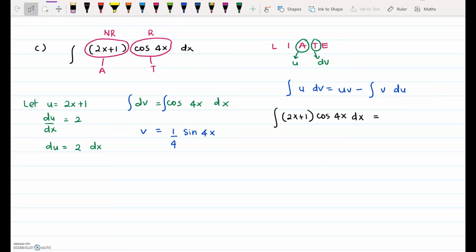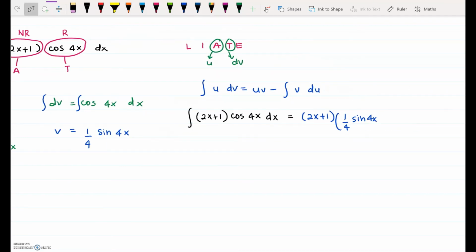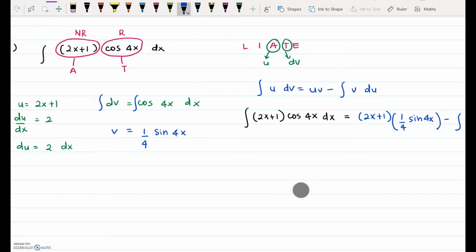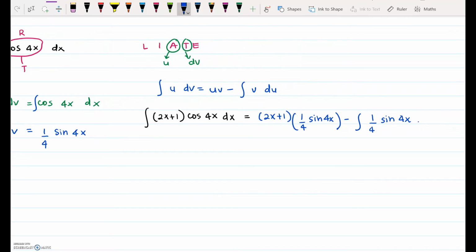We have 2x plus 1, and your v is 1 over 4 sine 4x, and then minus integration of 1 over 4 sine 4x times your du, which is 2 dx.